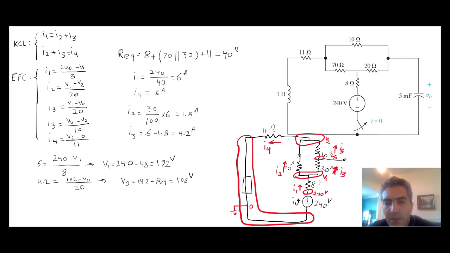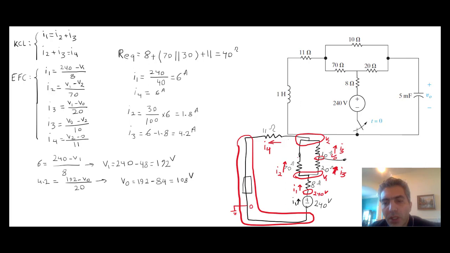Now that I have V out, you can calculate all the other voltages if you need to, but at this point, for the sake of analysis of the second stage, where we basically need to open up the switch, all I need to know is the initial voltage of the capacitor and the initial current of the inductor.